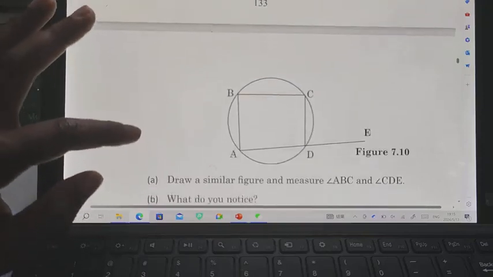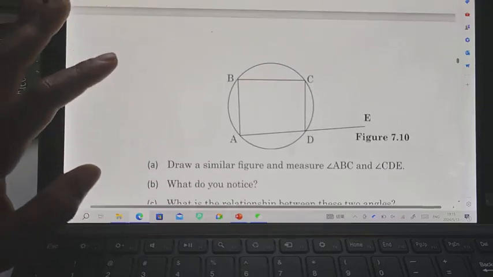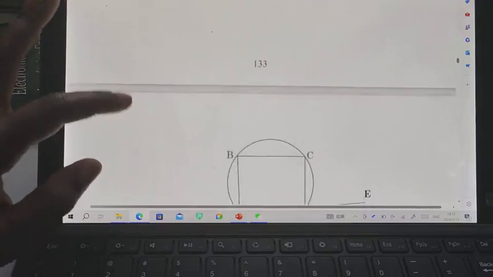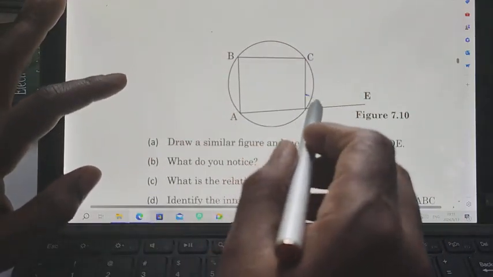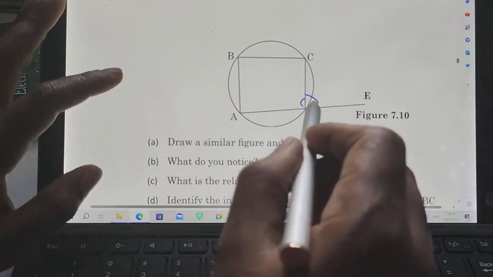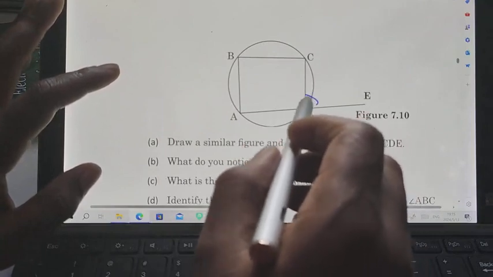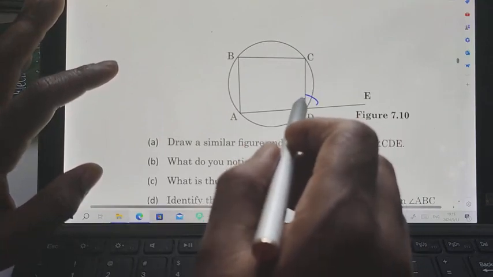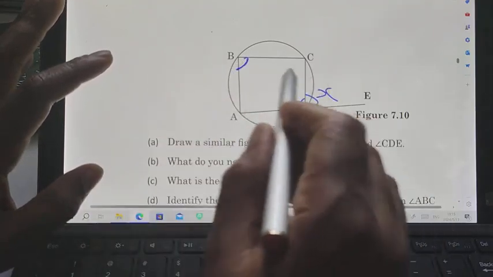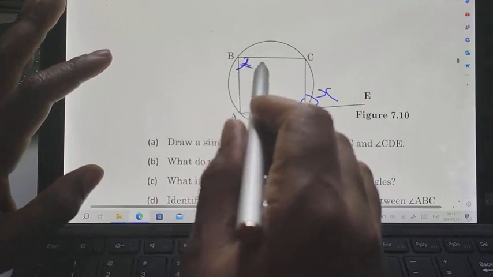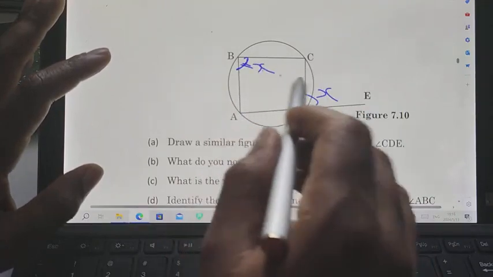We made known it's a cyclic quadrilateral, and the exterior angle is equal to the interior opposite angle, which means this angle should be equal to that one. These angles are equal.